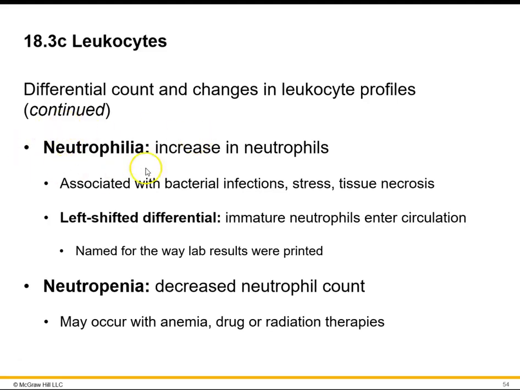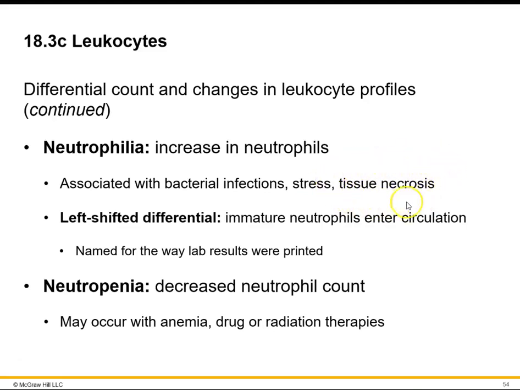There's neutrophilia. This is an increase in just the neutrophils. And this is going to be associated with infections, stress, or tissue necrosis. We see neutrophilia in patients who have had a recent heart attack.